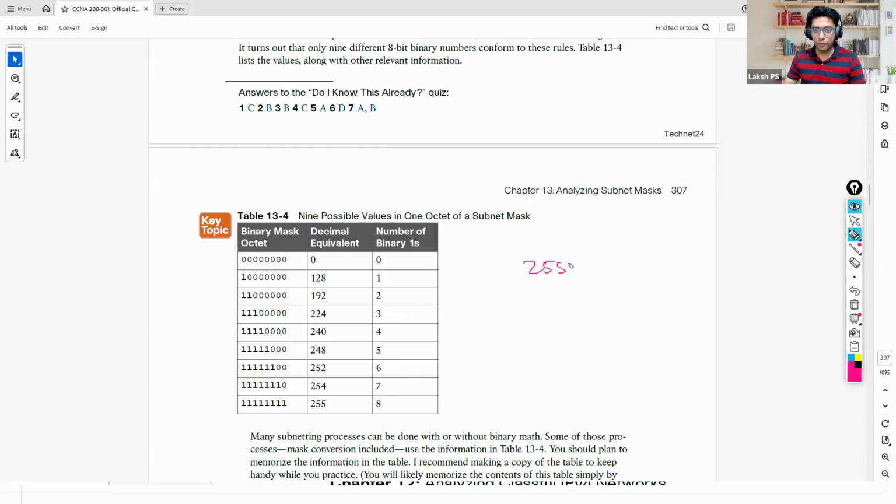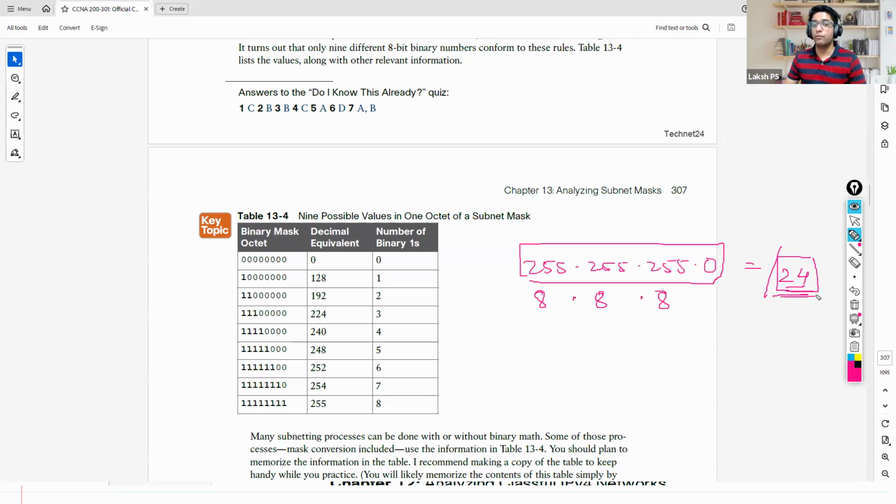So if I write 255.255.255.0, I can write this address mask as /24 as well. /24 denotes the number of ones in this address mask. Here you have 8 ones, 8 ones, 8 ones. So /24 gives me the number of ones.